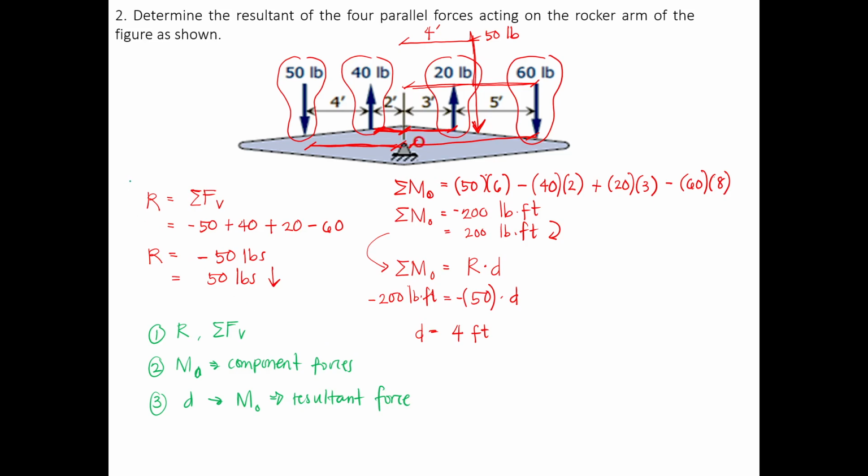If we number our solution, this will be number 1, number 2, and number 3. The moment of 200 pounds goes here, and the resultant force from number 1 goes here. The only unknown parameter is the distance, so that's why we got 4 as the answer.